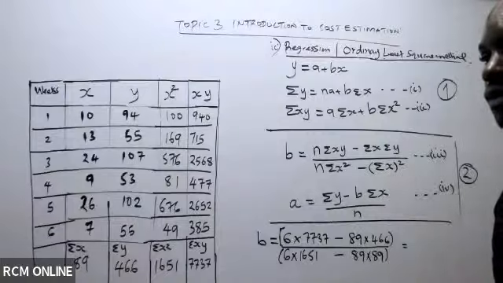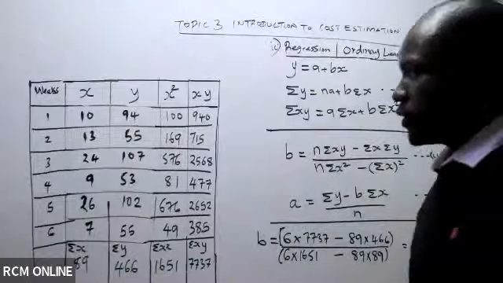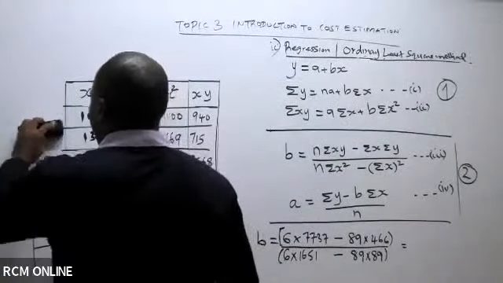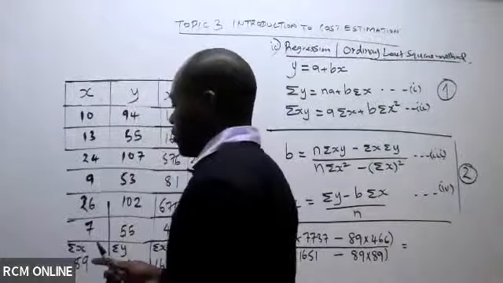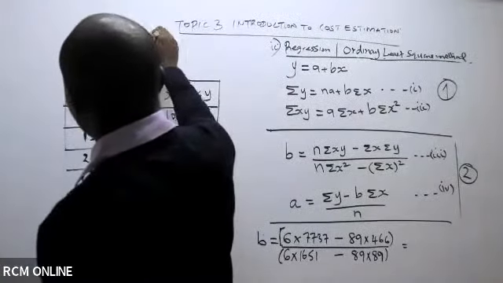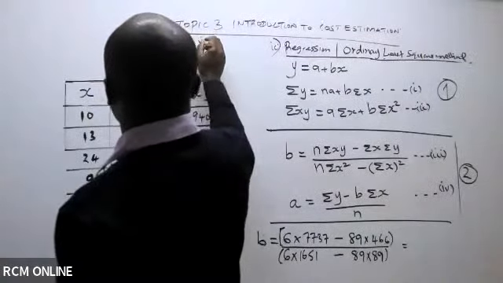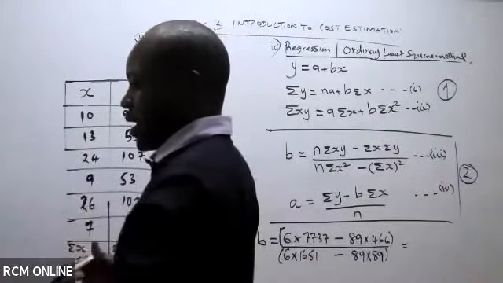How do you come up with 6, kindly? Where did we get the 6 from? So that we see where the 6 comes from: when you are using the OLS method, we talked about coordinates, X, Y. If you are to pick these coordinates, how many pairs are you able to see here?